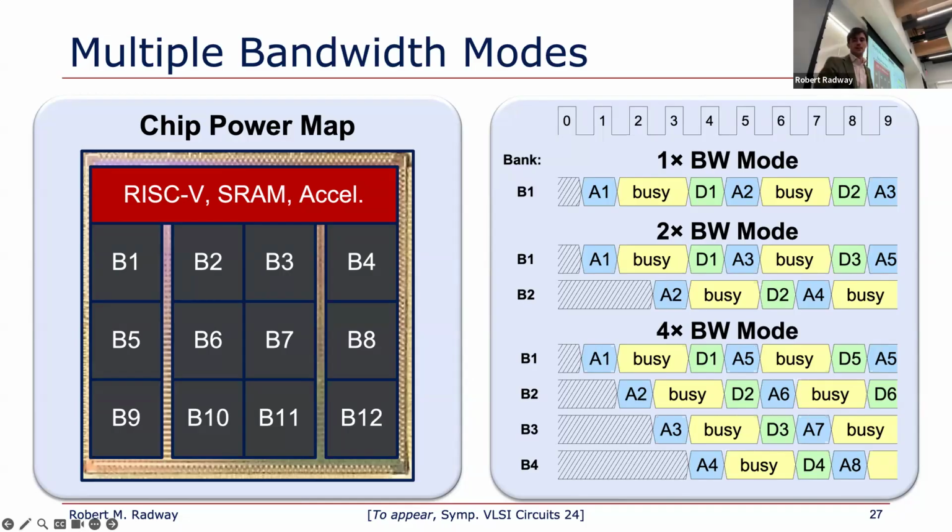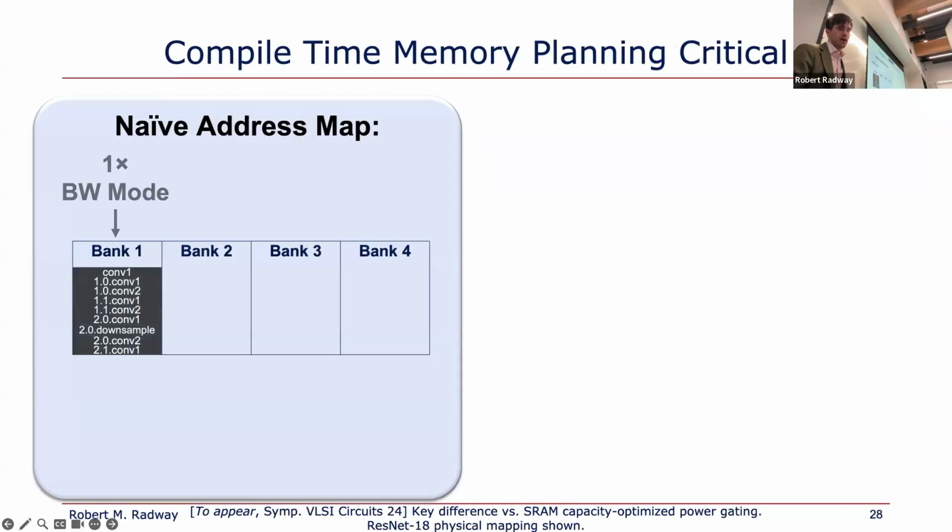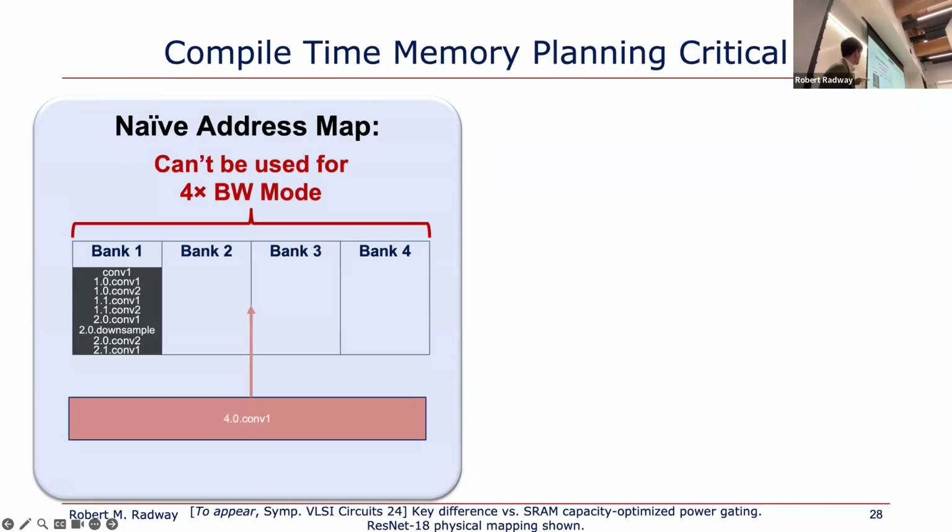I have a graphic of this, but it also has a predictive feature: if you already filled something with 1x bandwidth mode, that means those other banks can't actually be read in a 4x bandwidth mode. If you tried to put a layer sharded across those 4 banks, there's no space in one of them, so you'd have a memory conflict.